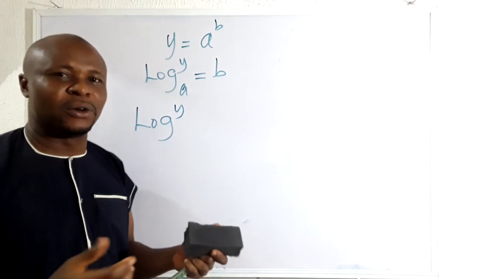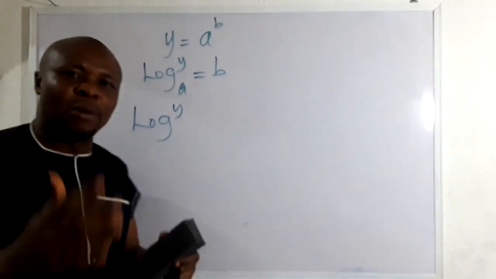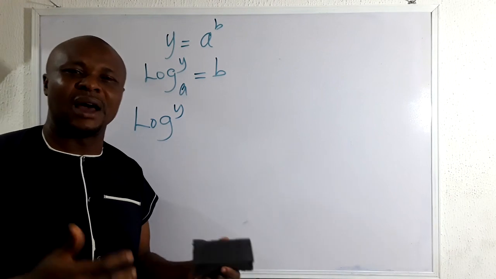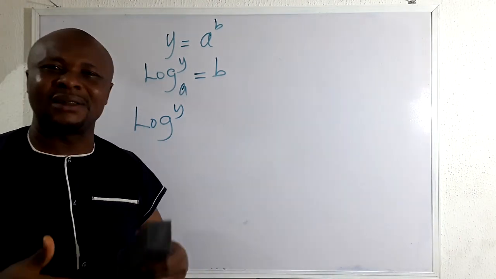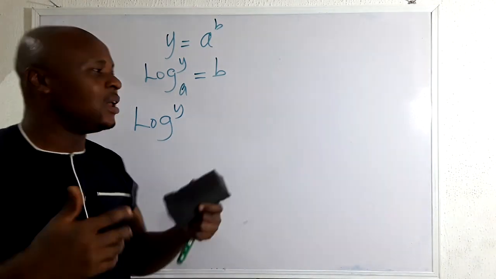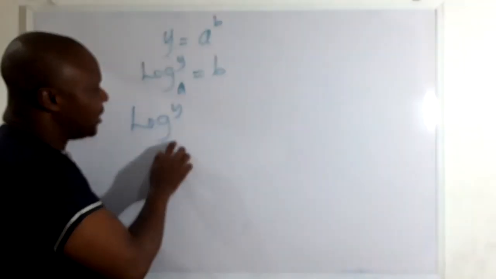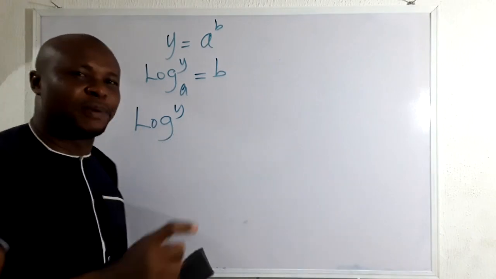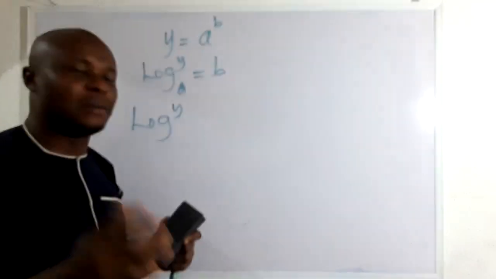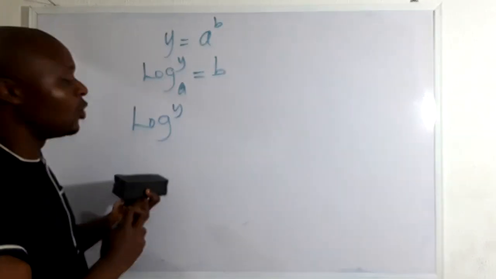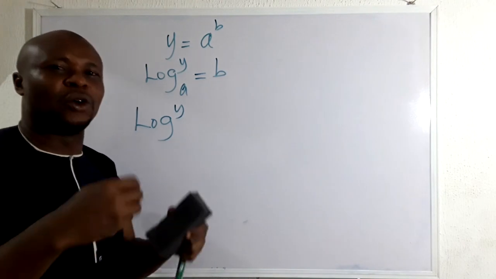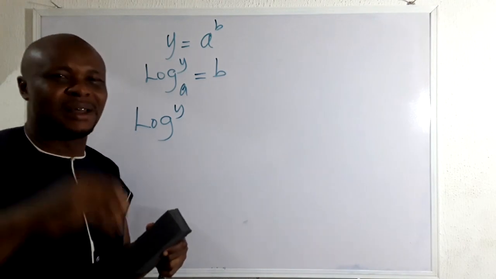The reason is because common logarithms can be evaluated by calculators and your mathematical tables, which we call 4-figure tables here in Nigeria. And most times, whenever logs are written without the base, we know that such logarithm is expressed to base 10.